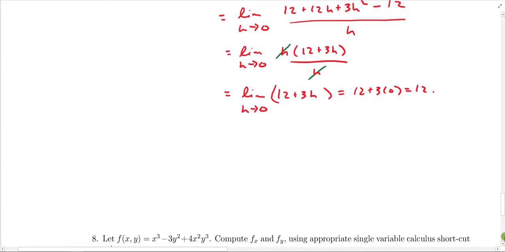So let's do the same thing for the other direction. So let's compute partial f, partial y, at the point (2, 3).